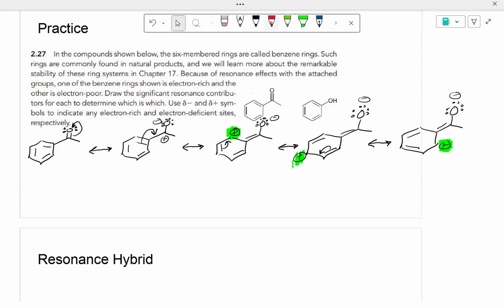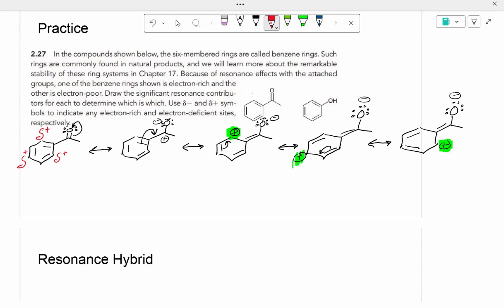On this original drawing, I'm going to label those sites with a lowercase delta with a plus. That one had a plus charge in one of our resonance forms, and this one had a plus charge in one of our resonance forms.